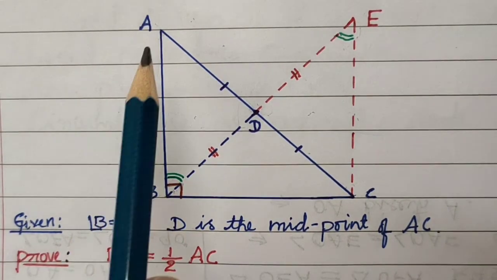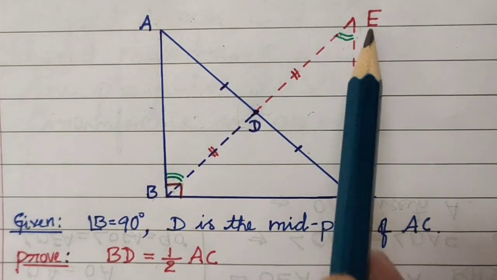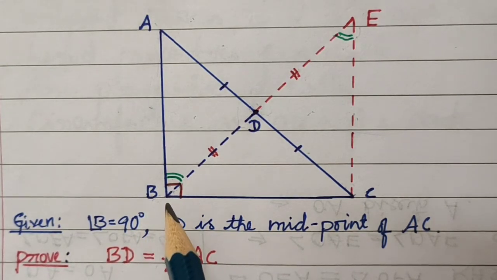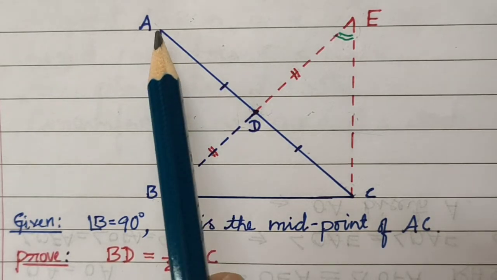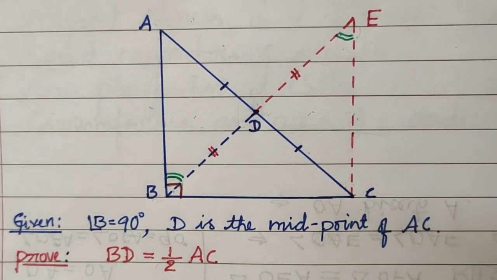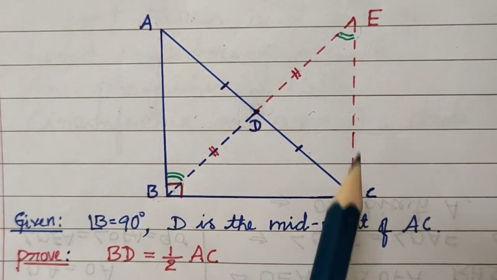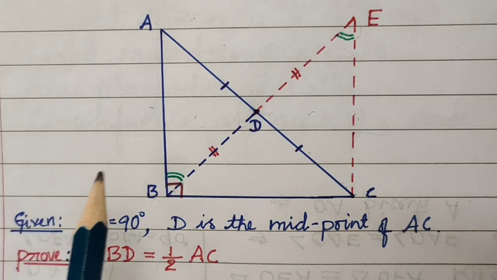In these two triangles ABC and ECB, we need to prove that they are congruent.